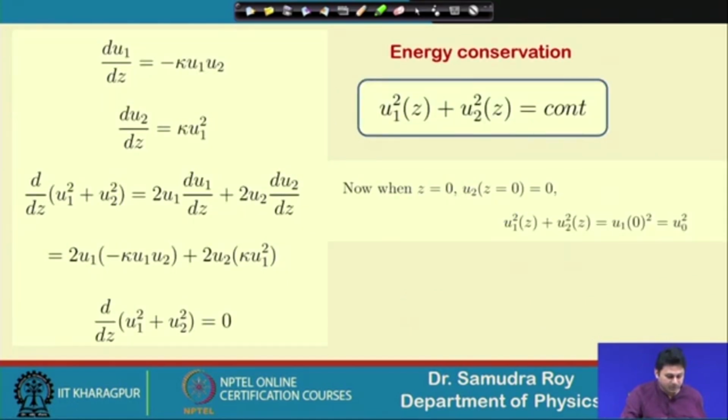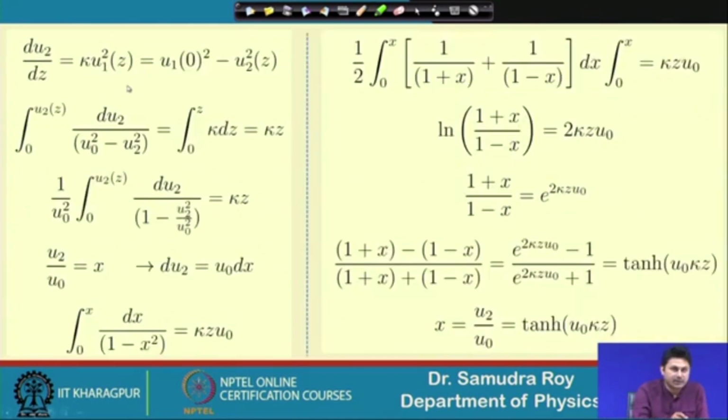Now what will we do? We use this equation, and replace u1 square by u0 square minus u2 square, with kappa multiplied here, since the kappa is by mistake not there. So du2/dz is equal to kappa u1 square, and u1 square plus u2 square is equal to u0 square.